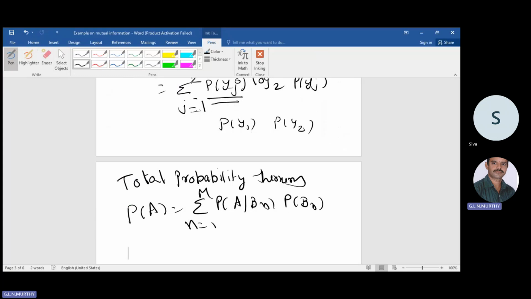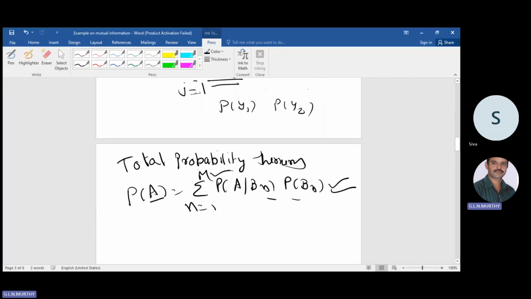What is m? How many events B1, B2, B3 exist? This is known from the total probability theorem. We know fundamentally there are three theorems for probability: multiplication theorem, Bayes theorem, and total probability theorem.